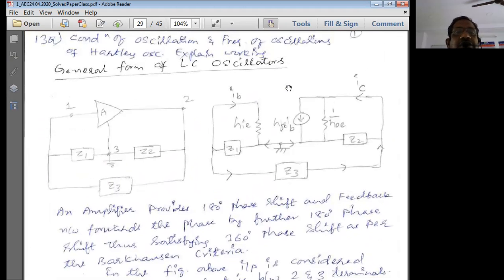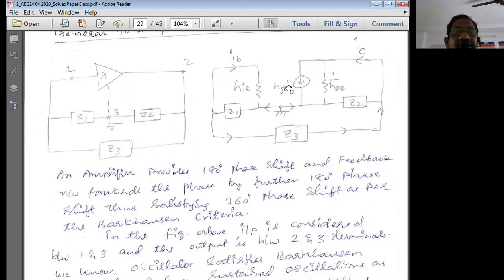Now, the general form of LC oscillators, how can we write it? This is the general form of LC oscillator circuits. Z1, Z2 and Z3 come in the feedback path, where Z1 and Z2 are the same type of components among L and C. If Z1 is a capacitor, Z2 should be a capacitor. If Z1 is an inductor, Z2 should be an inductor.